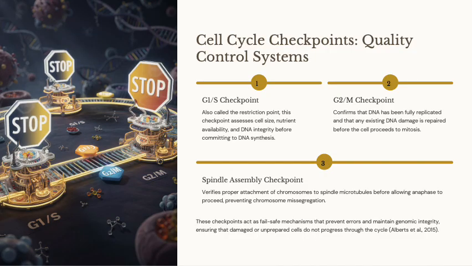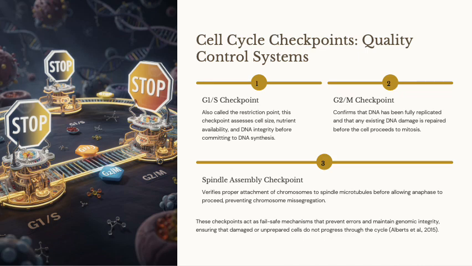The G1/S checkpoint is also known as the restriction point and is one of the most critical control points in the cell cycle. At this checkpoint, the cell evaluates whether it has sufficient nutrients, adequate energy, appropriate growth signals, and intact DNA before committing to DNA replication.